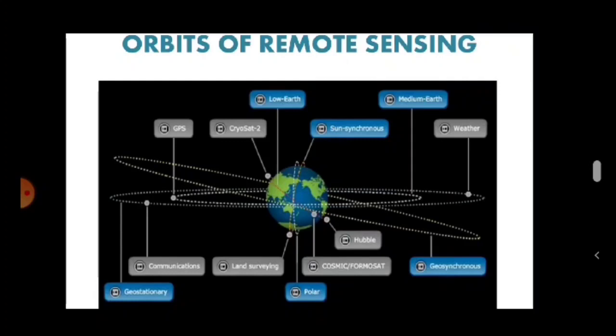I told you about this repeat cycle when I discussed scan line and radiometric and temporal resolution.